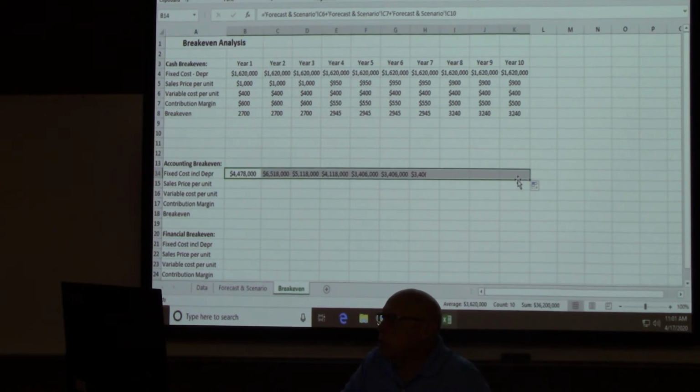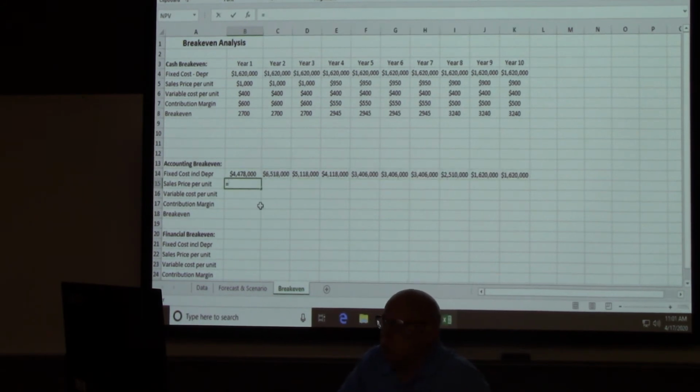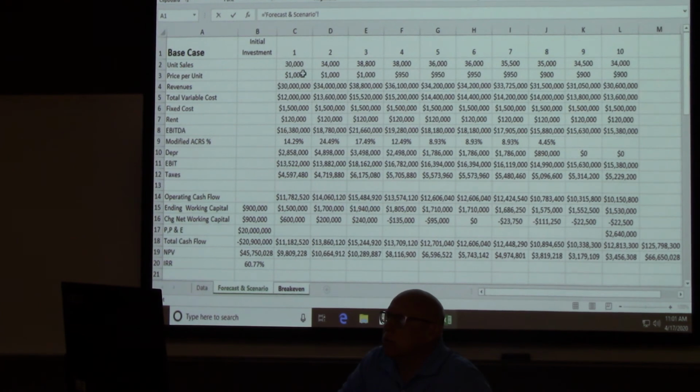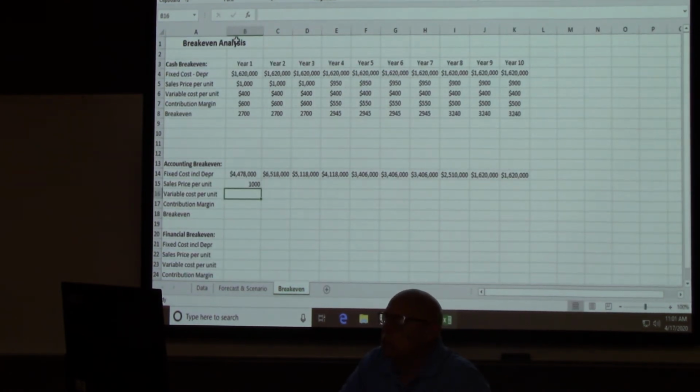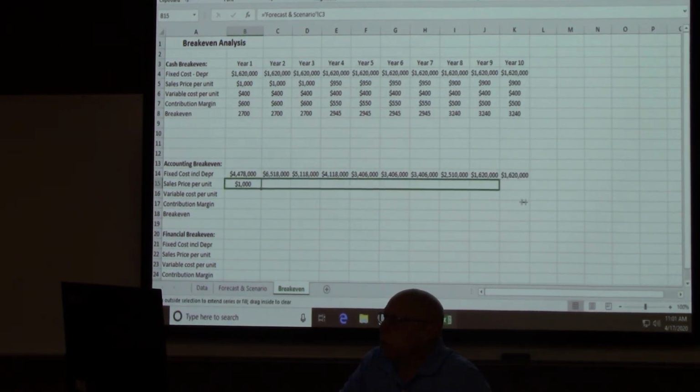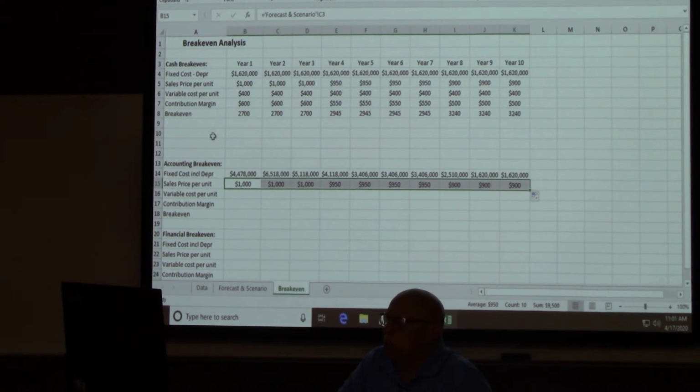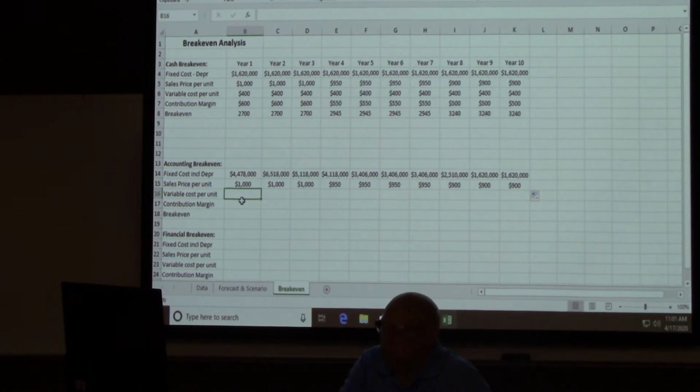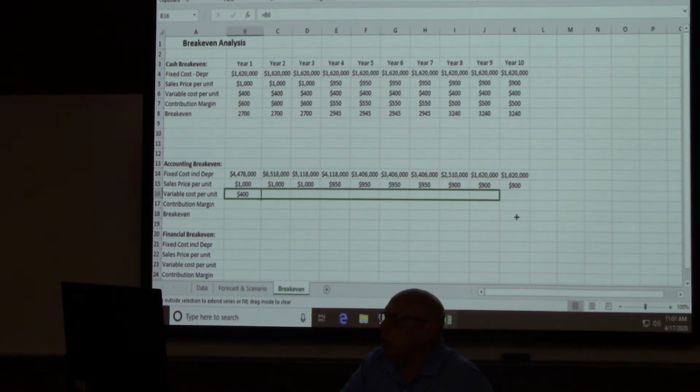So let's scroll across that way. Okay. And then the sales price per unit is the same. So all this is going to do is raise the number of units we have to produce because it raises our fixed cost. And our variable cost per unit is equal to that, the 400. Let's drag that across.